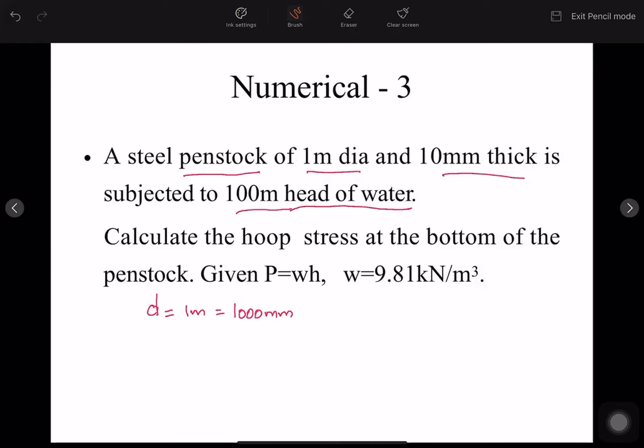Okay. So small t is 10 mm thick, right. Now we need to calculate the hoop stress only at the bottom of the penstock.